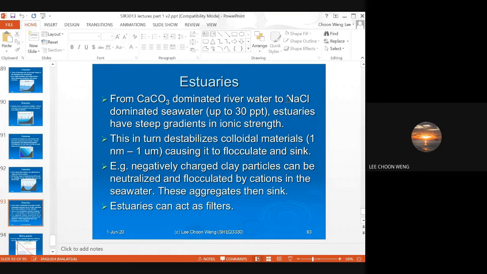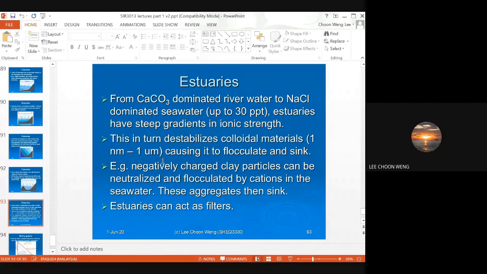You remember sodium chloride in the seawater is in ion states, so it's sodium positive and chloride negative. All these ionic charges that are available allow flocculation, which means it allows particles to come together. When these aggregates come together, they are heavy and then they sink.